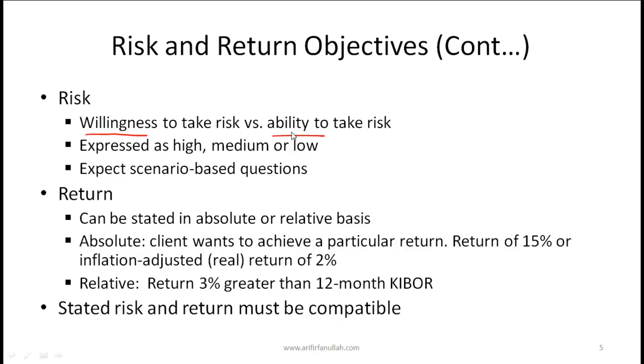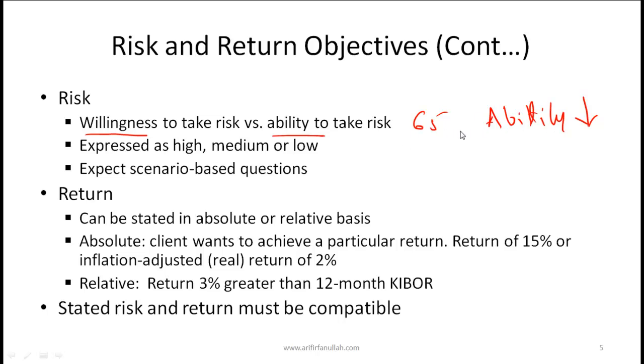Ability to take risk refers to the specific situation of a client, and the example that I frequently give is somebody who is 65 years old, retiring in a few years, has moderate savings. His ability to take risk is clearly low, because he needs to put his money in a relatively safe investment.